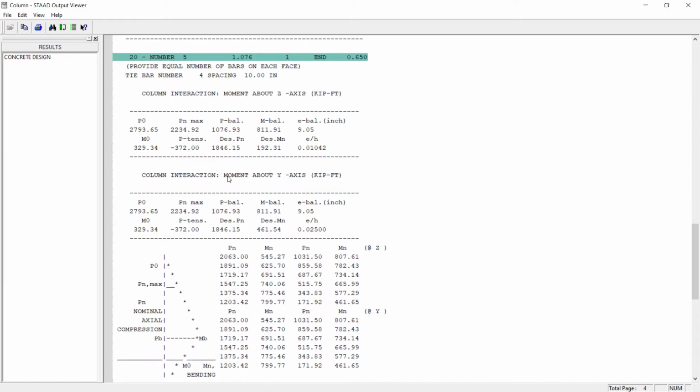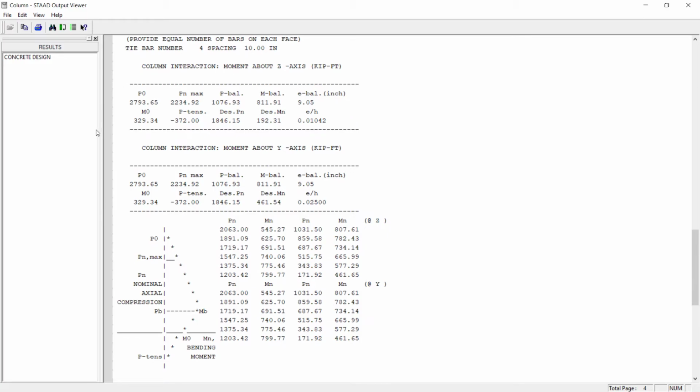And then STAAD also gives this interaction diagram. To understand this interaction diagram, P naught is 2793, Pn max is 2234, P balance is 1076.93, M balance is 811.91, M naught is 329.34, P in tension is minus 372.